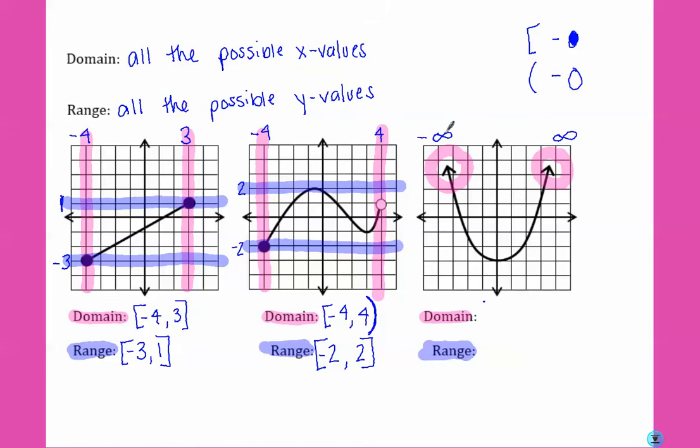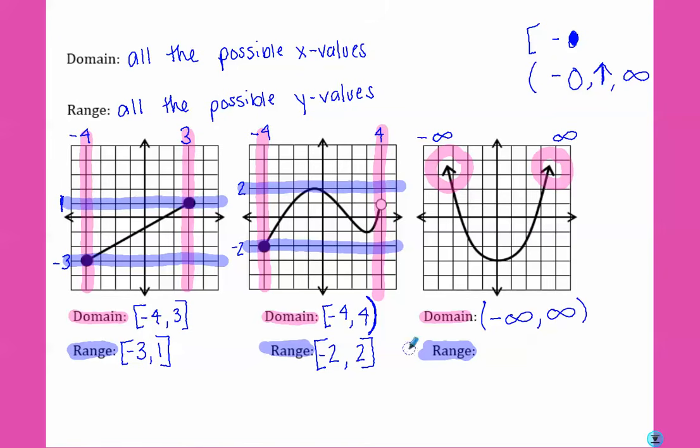Since infinities are not exact stopping points, they're also going to be included in the parentheses. So if you see an arrow or an infinity, think infinity. So our domain goes from negative infinity to positive infinity.